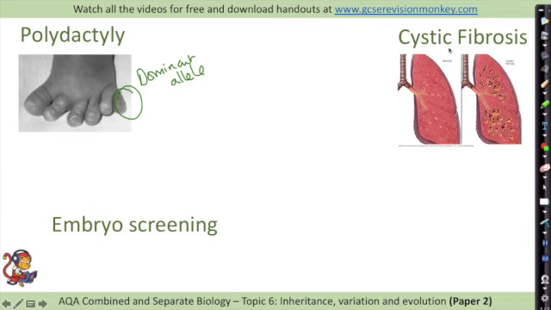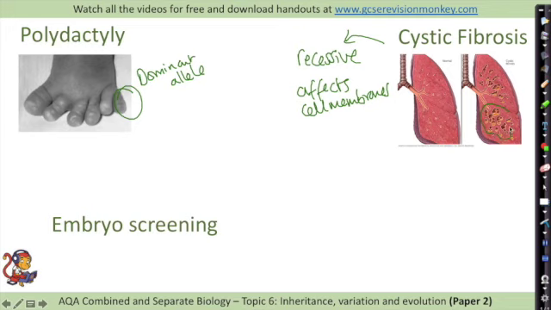This other disorder is cystic fibrosis. This is caused by a recessive allele, and this affects the cell membranes. With cystic fibrosis, you can see here a sufferer having lung difficulties.